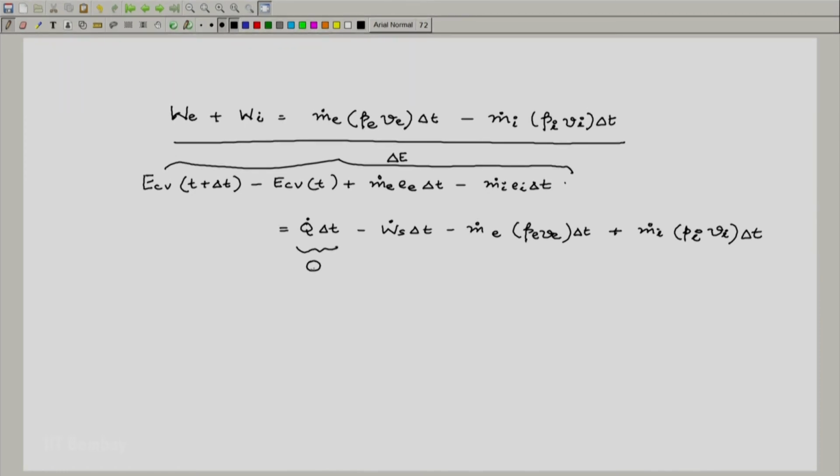This is nothing but Q and this is nothing but W, where we have three components of W. One is W dot S times delta T, one is work at the exit, and one is work at the inlet. So, we have in essence written an expression for the first law for the closed system, and now we will just transpose the terms here and ensure that we write the first law for the control volume.